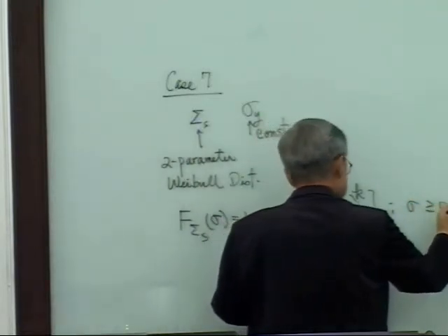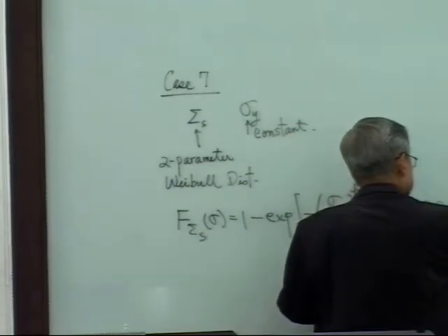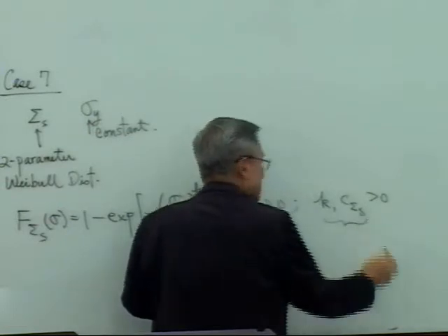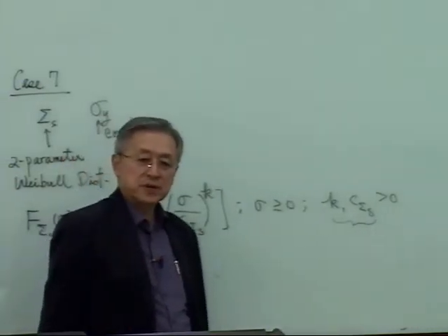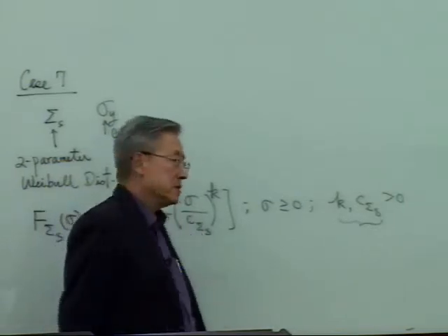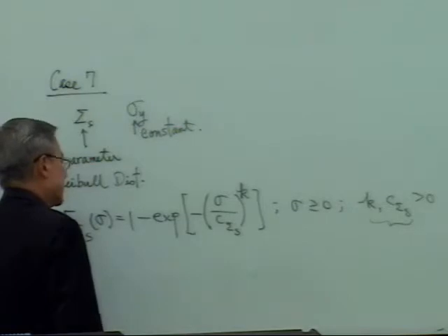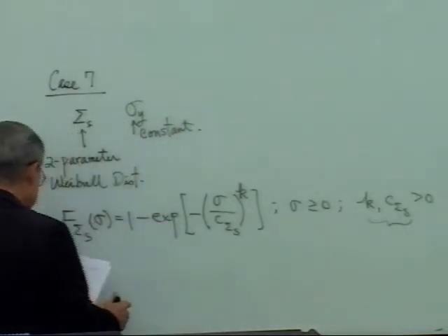Sigma is greater than 0, and of course K and C sigma S are greater than 0. You can just tweak the 2 parameters to fit the actual data set. So this is a distribution function.